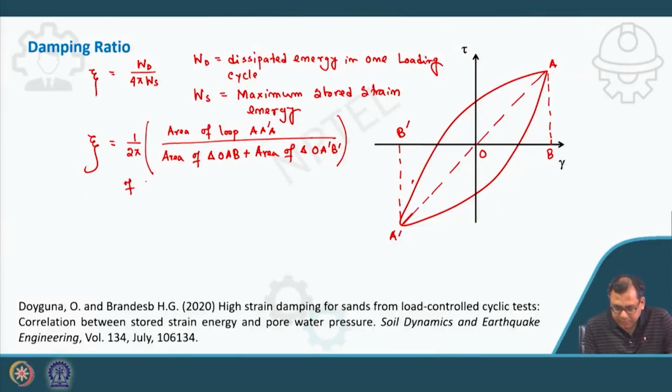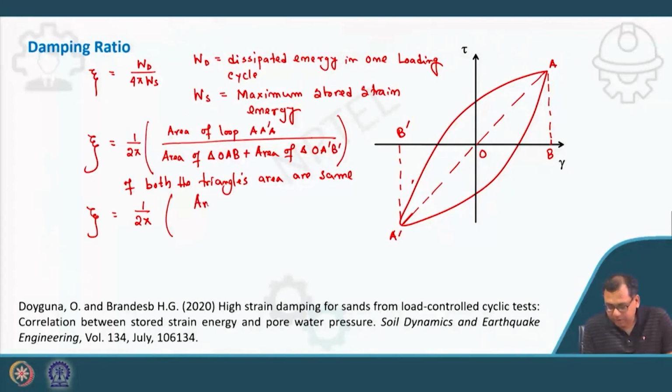Now, if both the triangles' areas are the same, then I can write that this is 1 by 2 pi area of loop A dash A divided by 2 the area of triangle OAB.